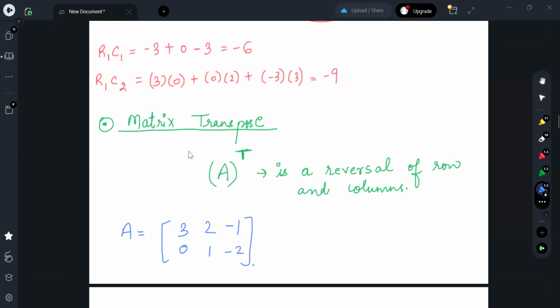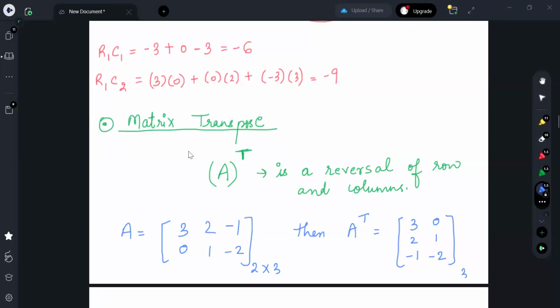This is a matrix of order 2 by 3 because I have 2 rows, 3 columns. Then its transpose will be, you just flip, the rows become the columns. So I have 3, 2, -1, and the second column would be 0, 1, -2.